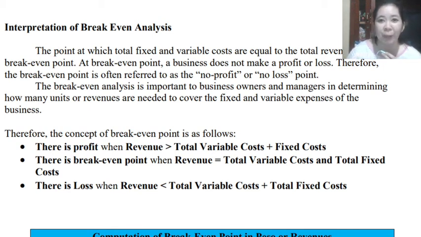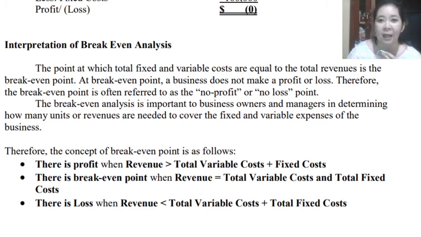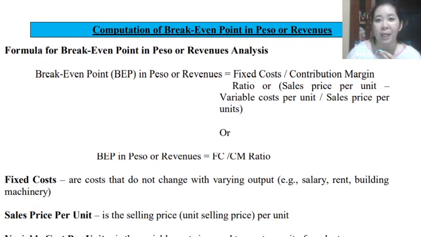So this is for the break-even point in units. What about break-even point in revenue? For break-even point in peso or revenue analysis, the formula is just the same as that of the break-even point in units.